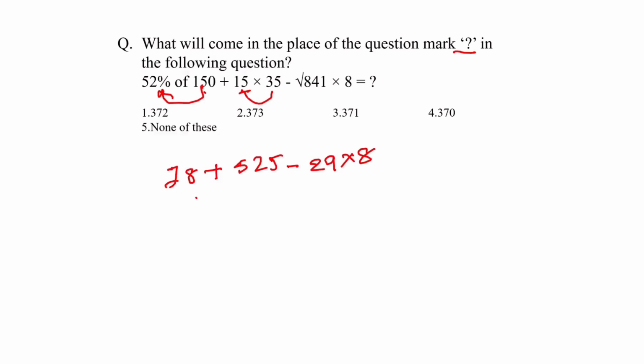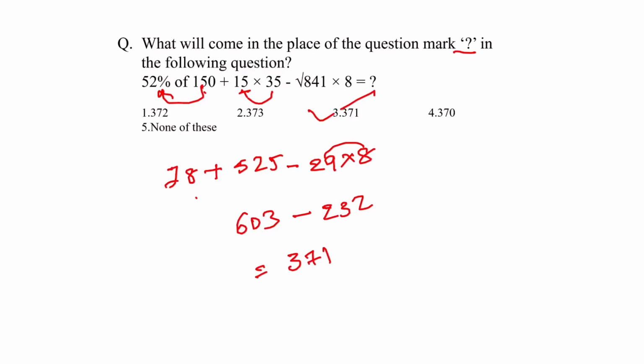So 78 plus 525 is 603 minus 232. The answer is 371. Third option is the correct answer.